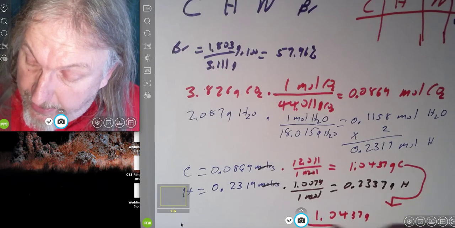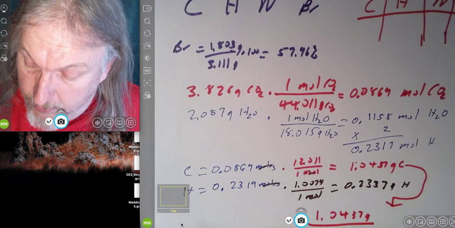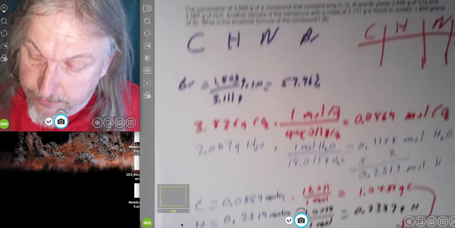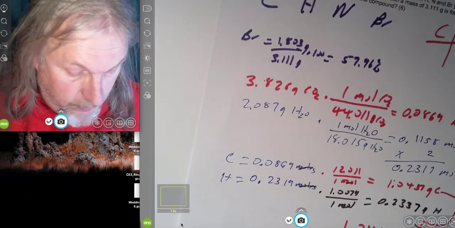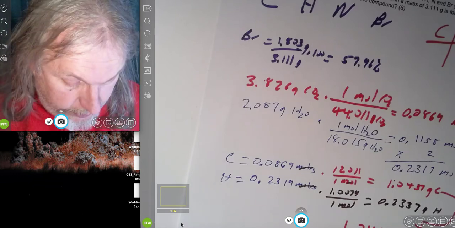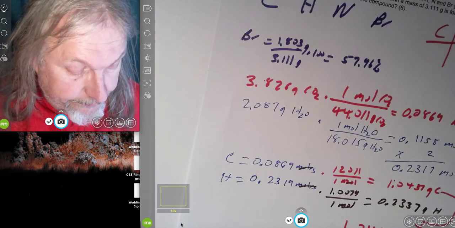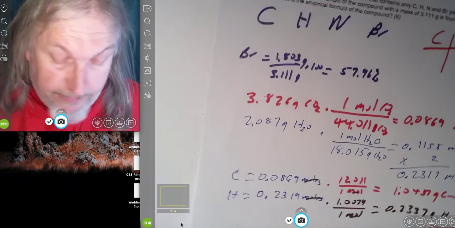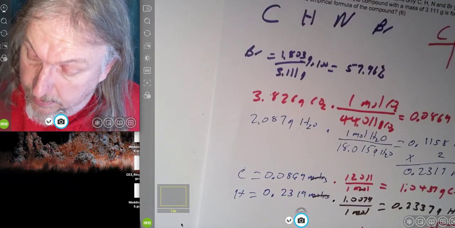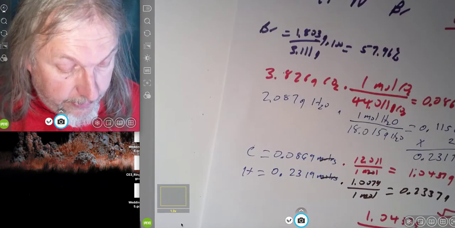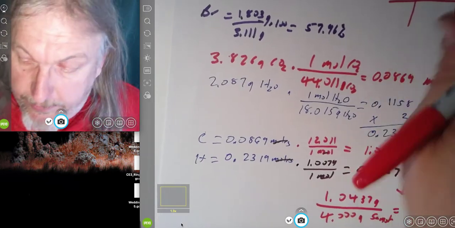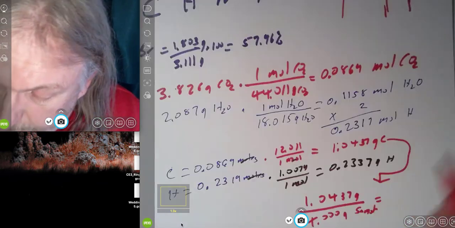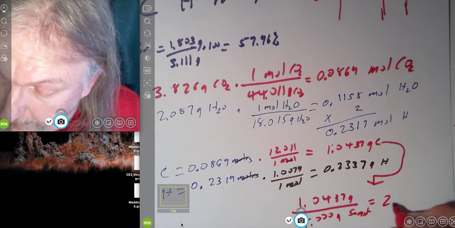So now if I take that number, take it down here, 1.0437 grams, and if I divide it by the total 4 grams of sample, 1.0437 divided by 4 grams of sample, that's going to give me the percentage of carbon, which is, where y'all can see, 26.09%.